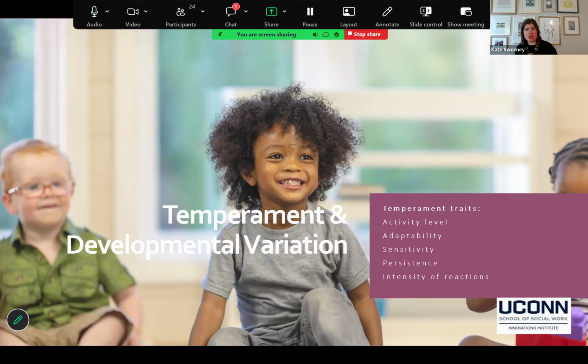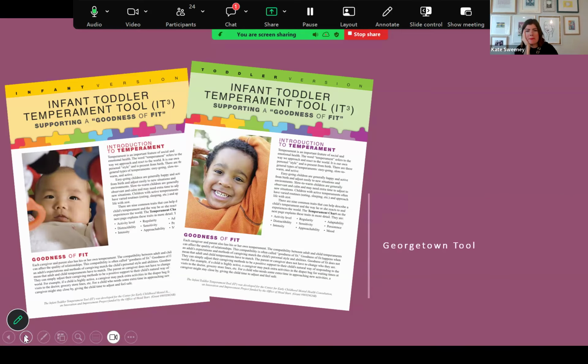There are kids that can wait a really, really long time at the doctor and not have a tantrum. There are kids that can tolerate a range of noise levels within an early learning classroom and not be distracted by them, right? And then there are kids that are more sensitive or more reactive to those. So that's a very high level definition of temperament.